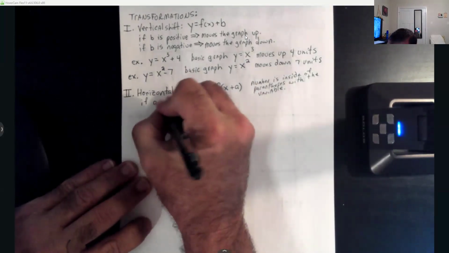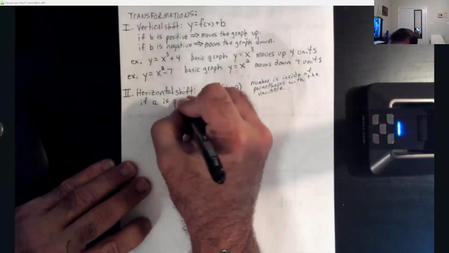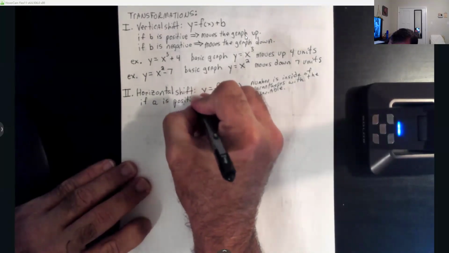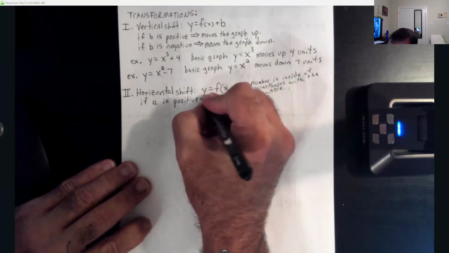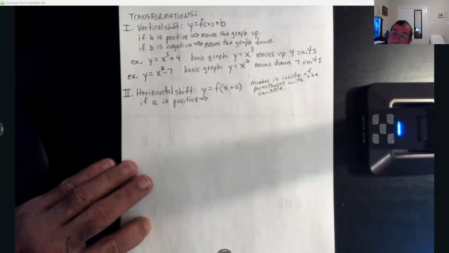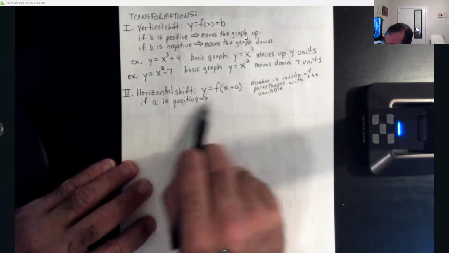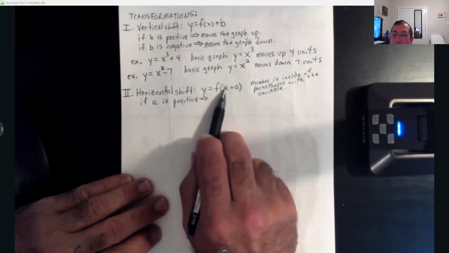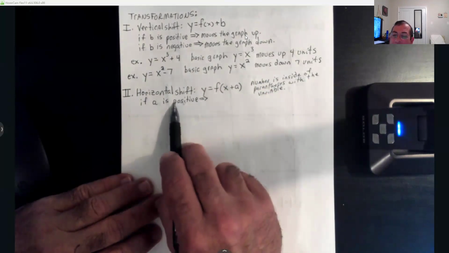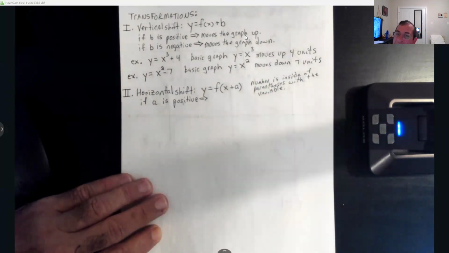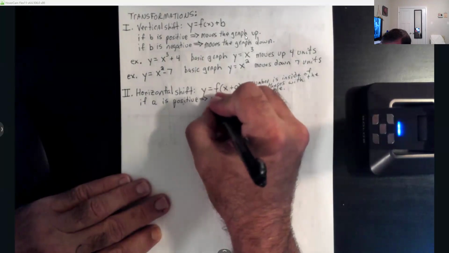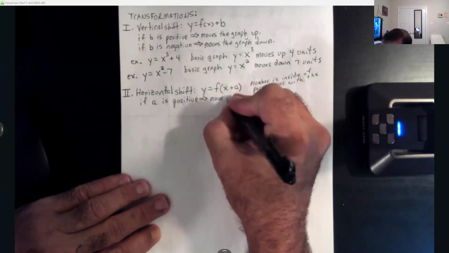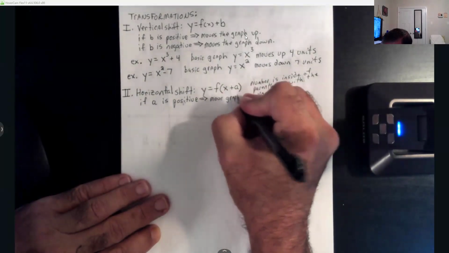If a is positive, now y'all, this is where this one's a little different. Because if you add a number to the x inside the parentheses, if it's positive, it's going to move the graph left.